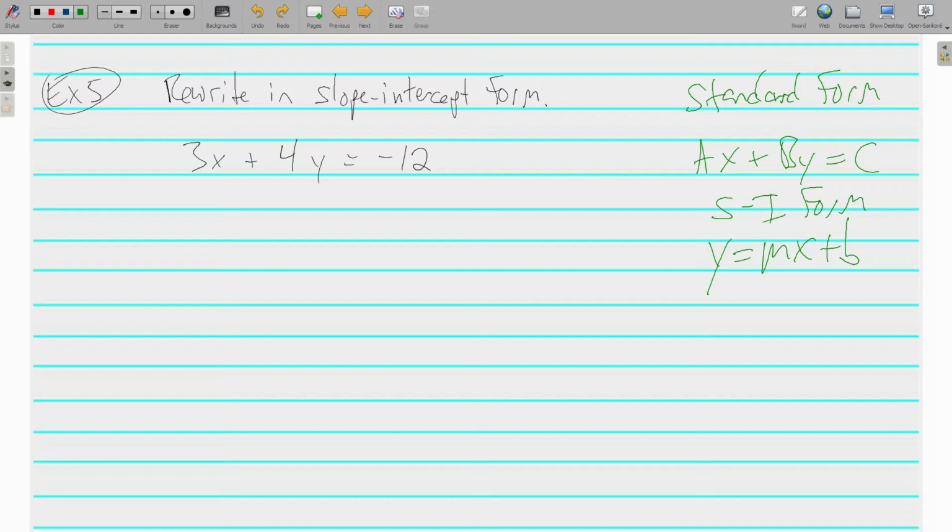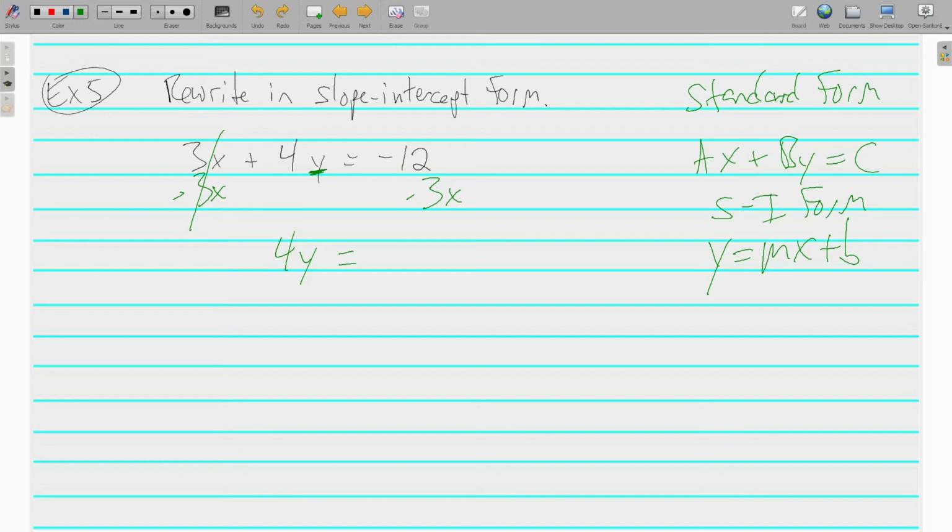So over here, what we need to do is get this y all by itself. So, save the term with the variable for last. Let's start by getting rid of this 3x by subtracting it from both sides. So on the left, I now have 4y. And on the right, the -12 does not have an x.